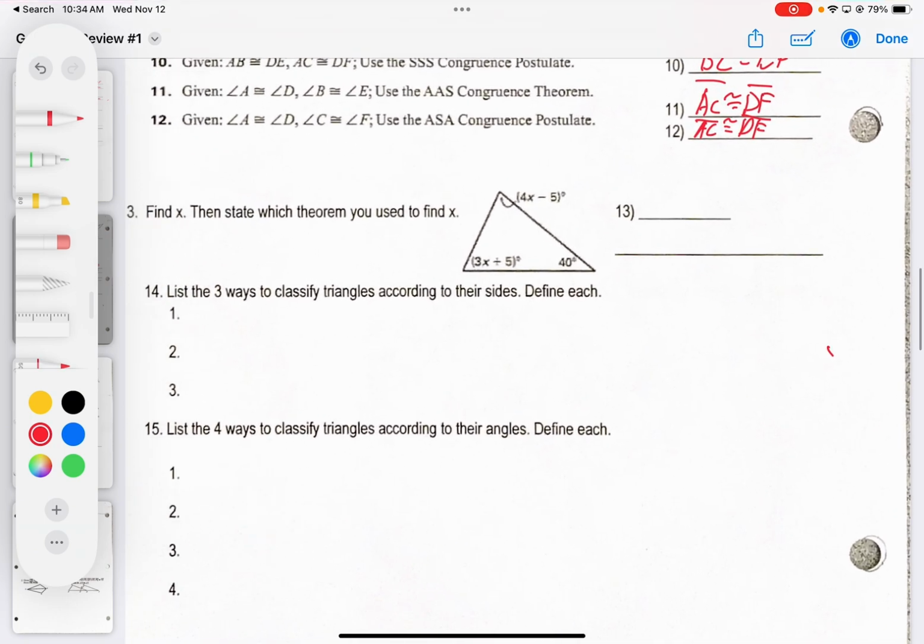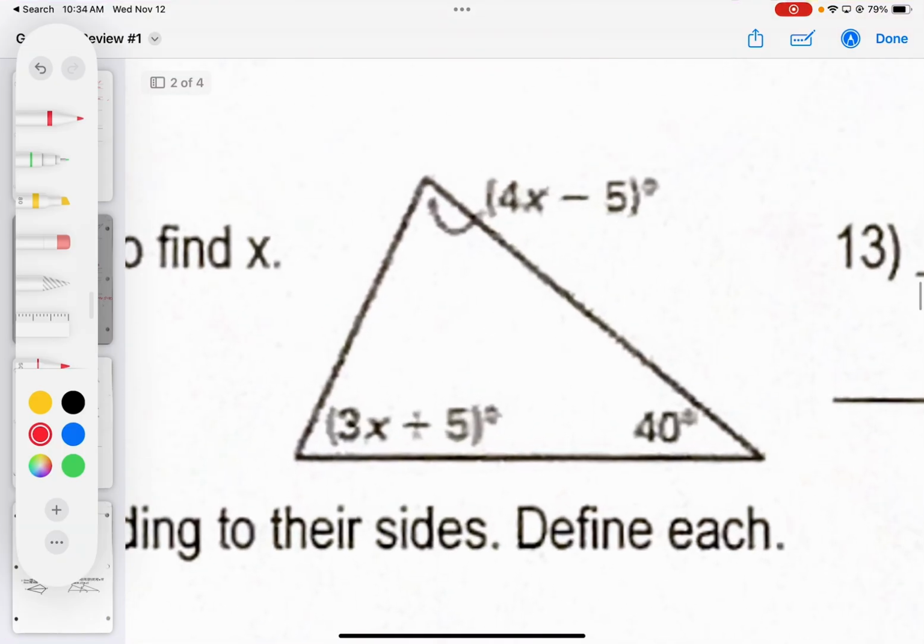Find X. You guys tell me, what am I going to do to find X for 13? Yeah, the angles equal 180. Good. So then 3X plus 5 plus 40 plus 4X minus 5. That's what a subtraction sign looks like.